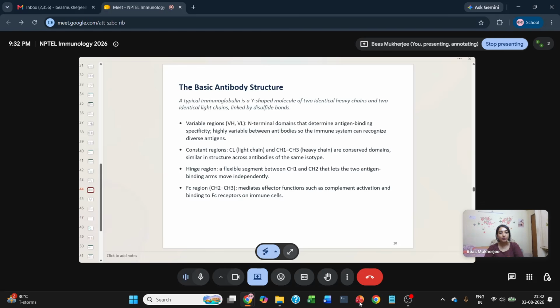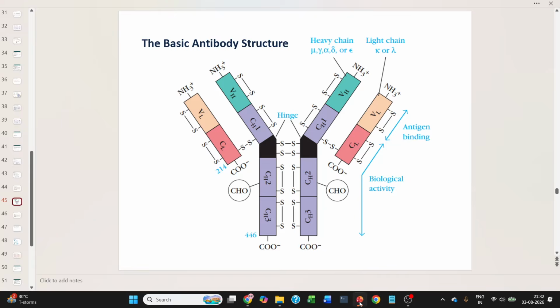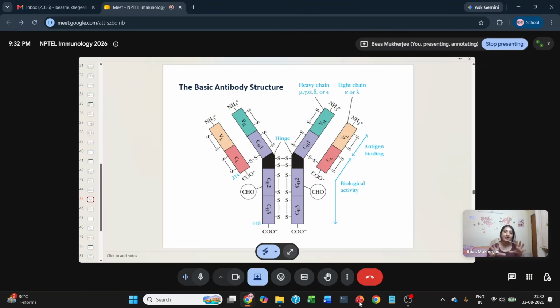Okay. Now let's see what happens to this antibody. So this is the entire structure of an antibody, the entire diagrammatic representation. You can see that there are these Fab regions, and there is this heavy chain and light chain. Heavy chain is of 5 different types, light chain is of 2 different types, and then you have the antigen-binding region and you have the effector region.